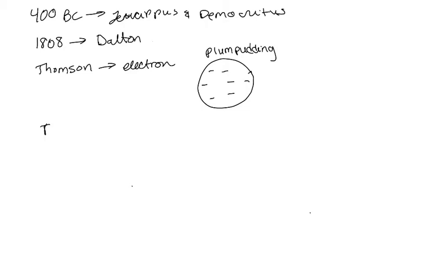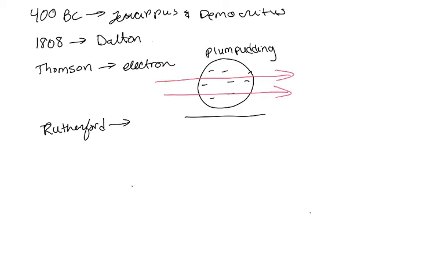Well, his student Rutherford came in, and he wanted to prove Thomson's plum pudding model correct. So he shot very dense alpha particles, which were much more massive than the electrons, through a thin gold foil. He said, if we had the plum pudding model, then the alpha particles, since they're positively charged and very dense, should go straight through.